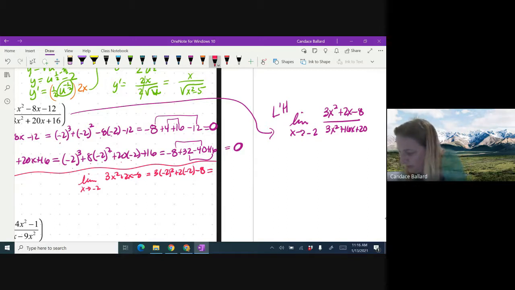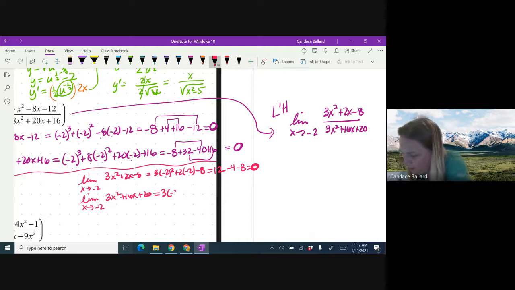All right, so let's see. -2 squared is 4 times 3 is 12. -2 times +2 is -4 minus 8. I'm definitely seeing 0 there. That could be a problem, right? I'm going to do the limit of the denominator. So we've got 3x squared plus 16x plus 20.